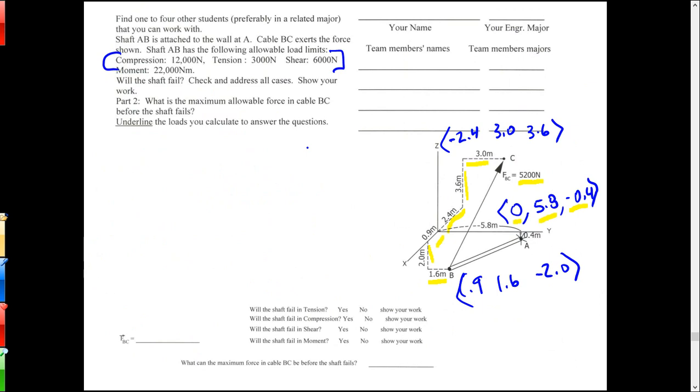When this shaft is manufactured, they give it values of how strong it is in these different modes: tension, shear, moment, and compression. Even though they've told us what the tension is, we don't have any tension in this situation because we're pulling with that cable from B to C. So there isn't any tension in this, and we really don't need to worry about that. It's not going to fail in tension because there isn't any tension applied in the shaft.